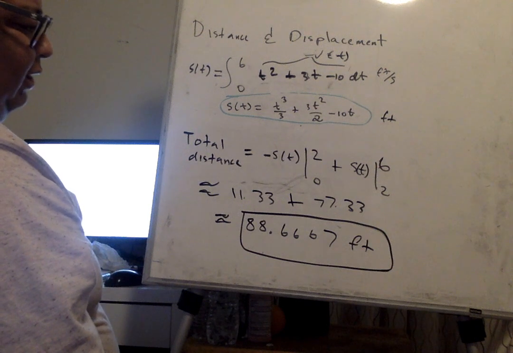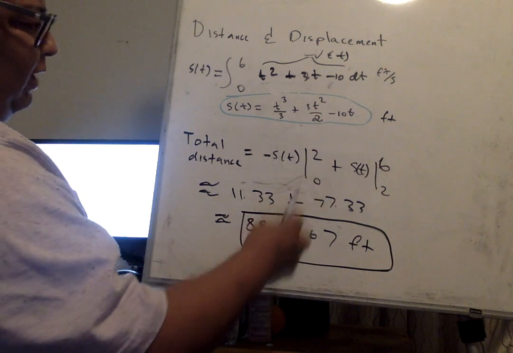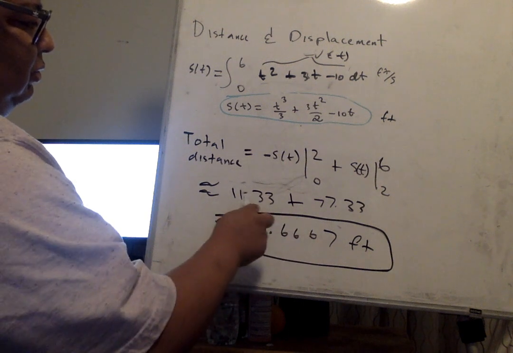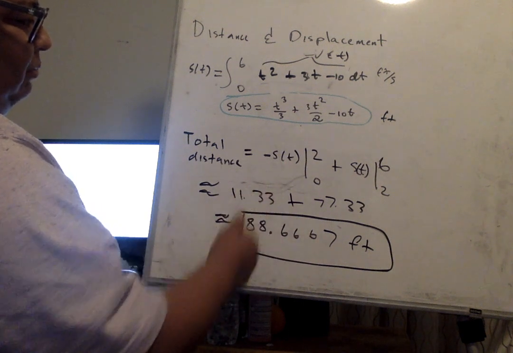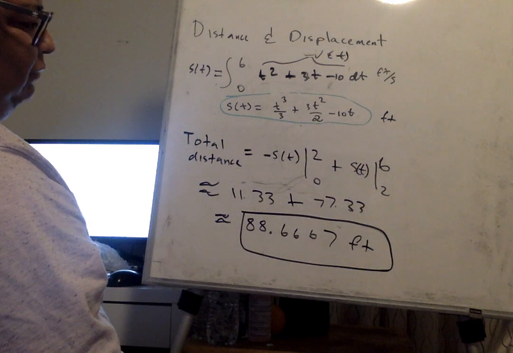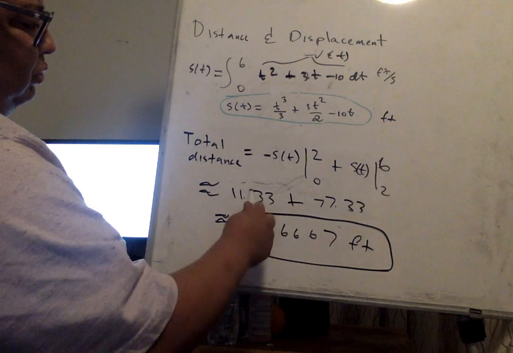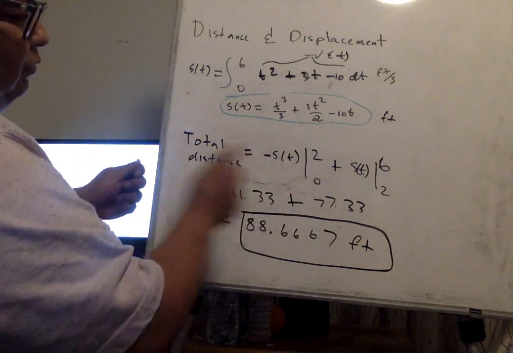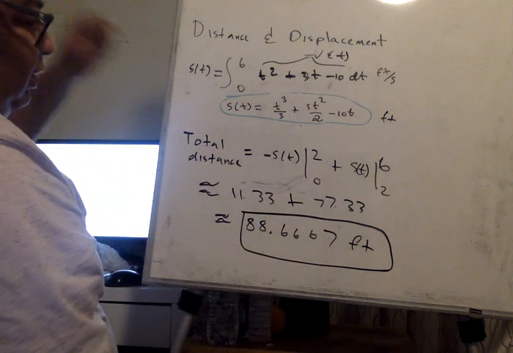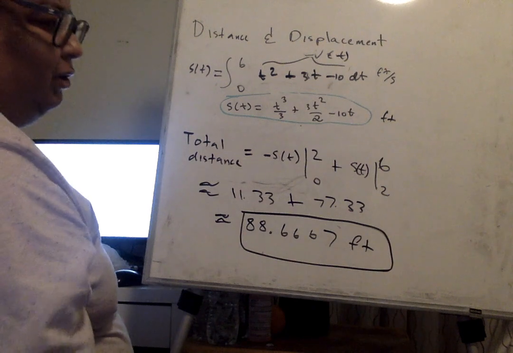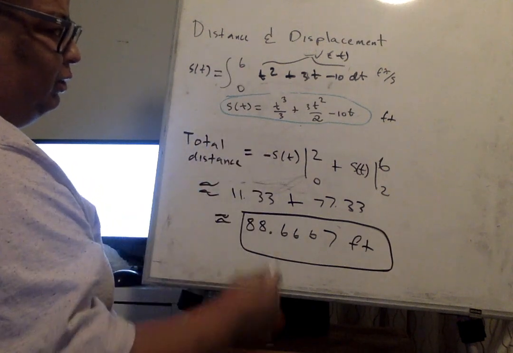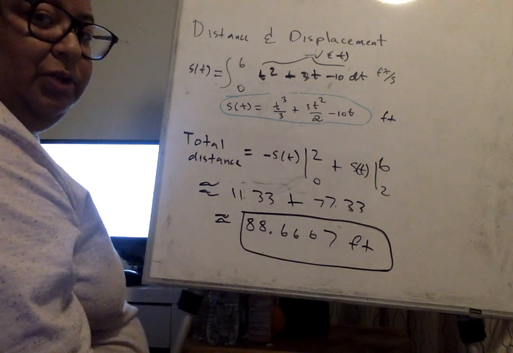It's always adding. Total distance is how far you travel going backward and forward, and your displacement is how you go from beginning to end, from the position you start to the position you end. That's what displacement is.